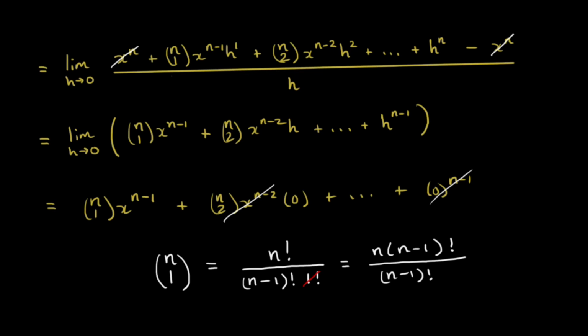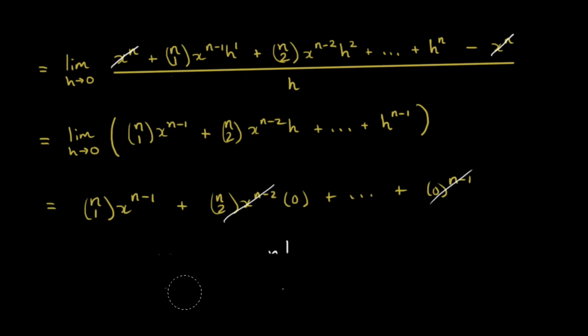So this is gone as well. And remember, I ignored the 1 factorial because it's equal to 1. So n choose 1 is equal to n. And we can also now get rid of our n choose 1 in our formula, and we can say that our derivative is n multiplied by x to the power of n minus 1.